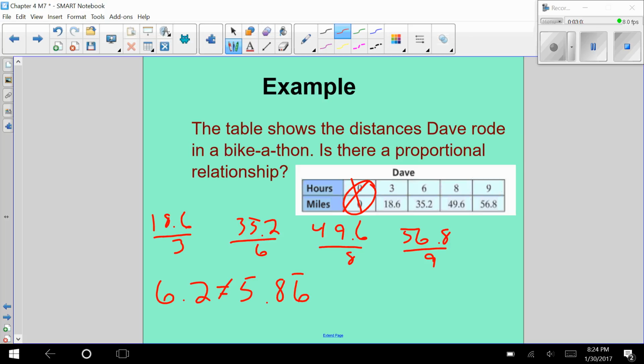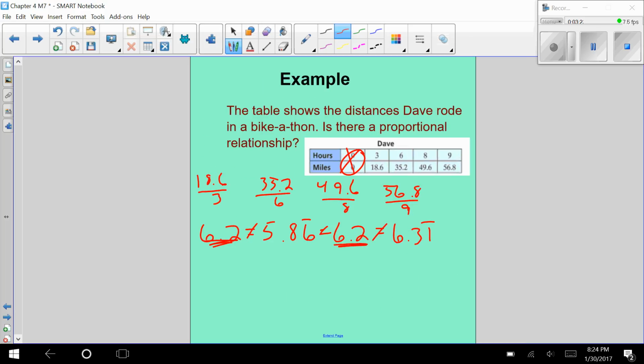Just for fun, let's see what the others equal. 49.6 over 8 is 6.2, and 56.8 over 9 is 6.31 repeating. So I've got a 6.2 and a 6.2, but for it to be proportional, they all have to be the same. This is not proportional.